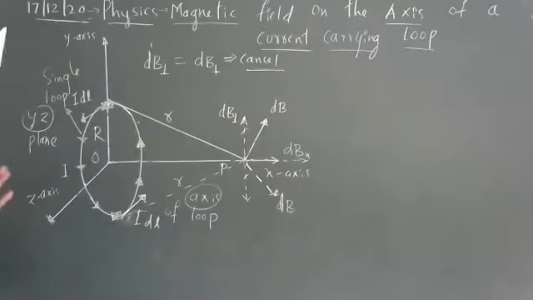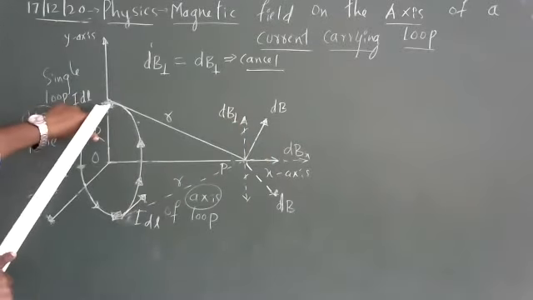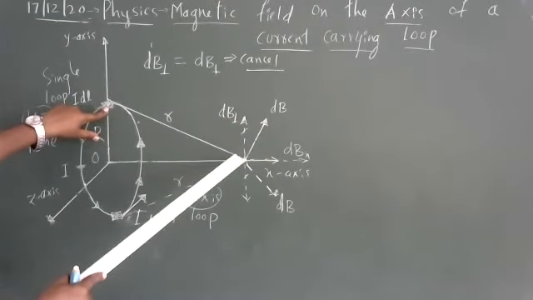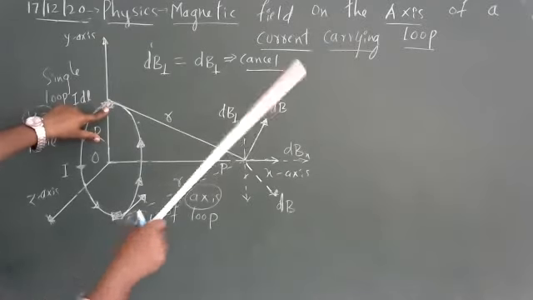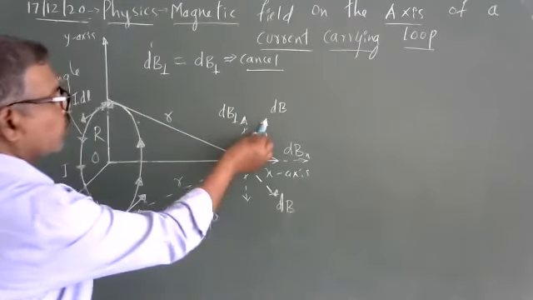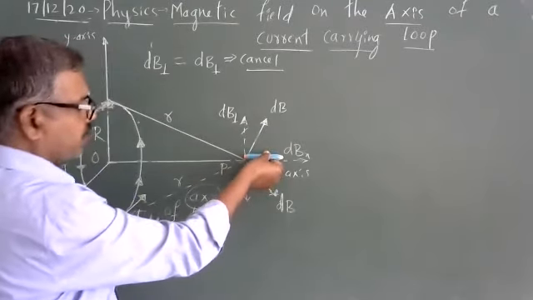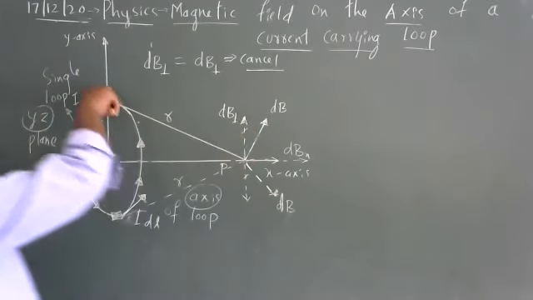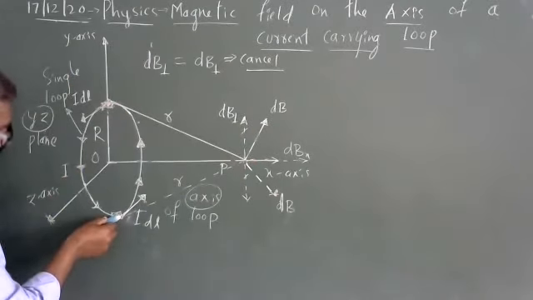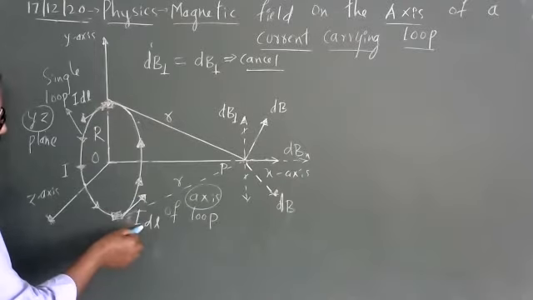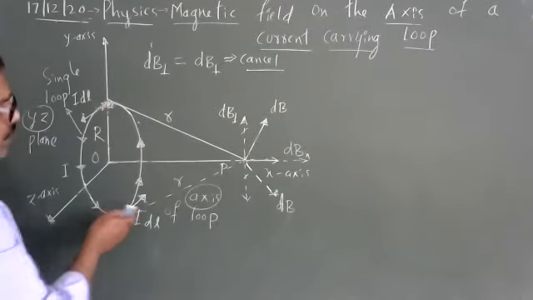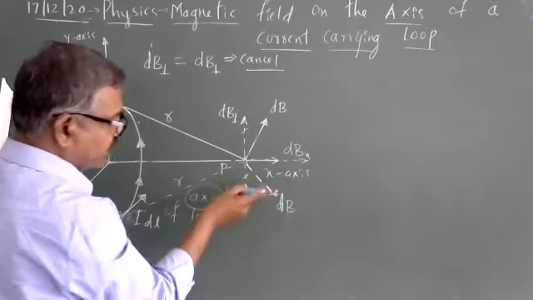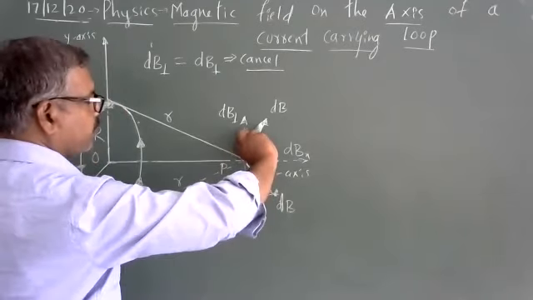What happens when you consider a small current element? You get a magnetic field at this point, in this direction. If I consider this vector in two components, horizontal component dBx and vertical component, because of this current element. Similarly, if I consider another current element in this direction, at the same distance R, the magnetic field is again in this fashion, up and down.